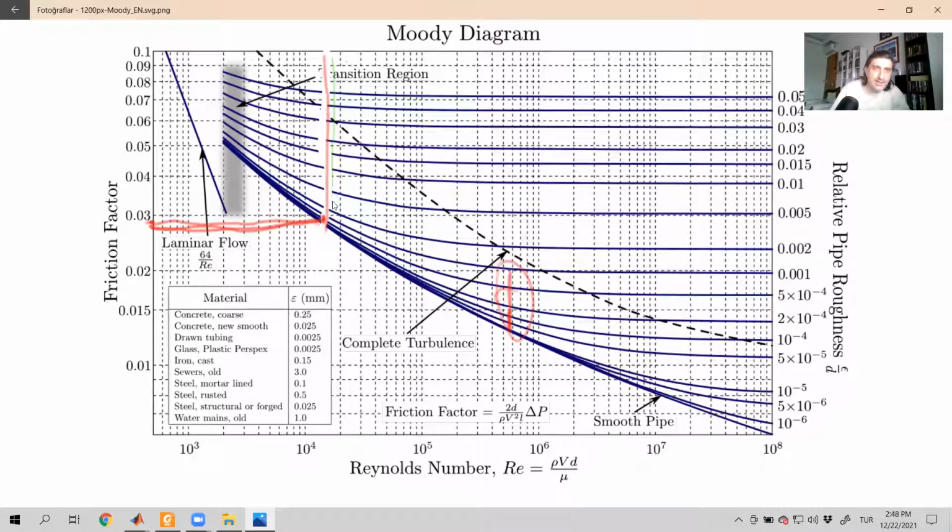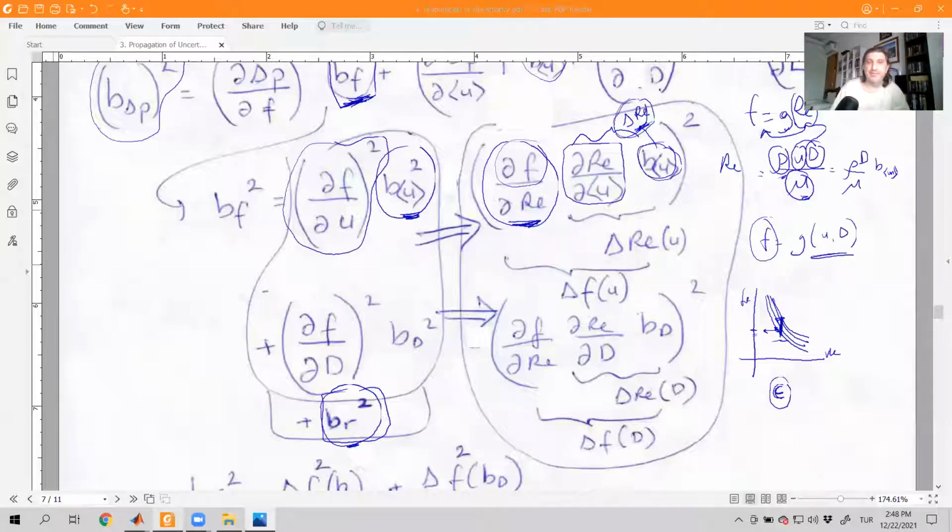If this is delta Reynolds number, the perturbation or uncertainty in Reynolds number, then the uncertainty in friction factor is going to be, if you draw a straight line, the difference between this red line here and this yellow line here. That's the meaning of the derivative.